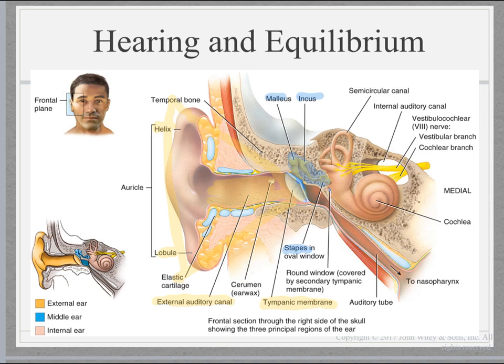These bones will vibrate from the sounds coming in the tympanic membrane and move those vibrations into the inner ear. Now, one last structure we're going to talk about is right here, and it's this structure down here. It is the auditory tube, also known as the pharyngotympanic tube, also known as the eustachian tube.